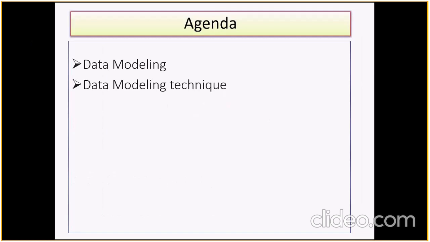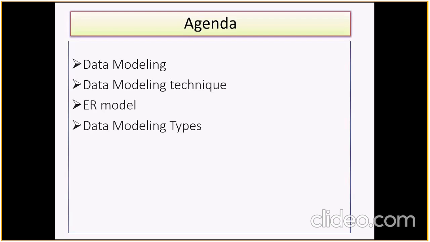So today's agenda is data modeling. What is data modeling? Data modeling is nothing but how you are going to construct your database, the structure of a database. Then data modeling techniques: which are the different techniques used in data modeling? One of the techniques is the ER model.